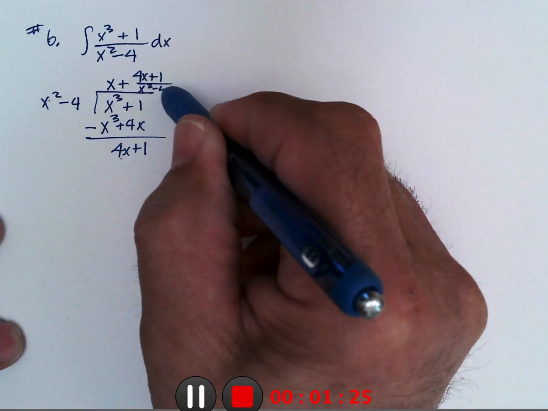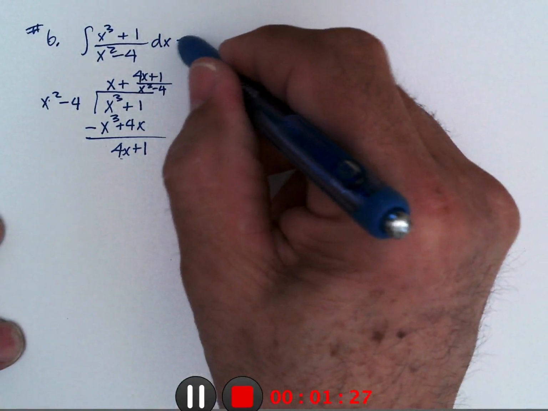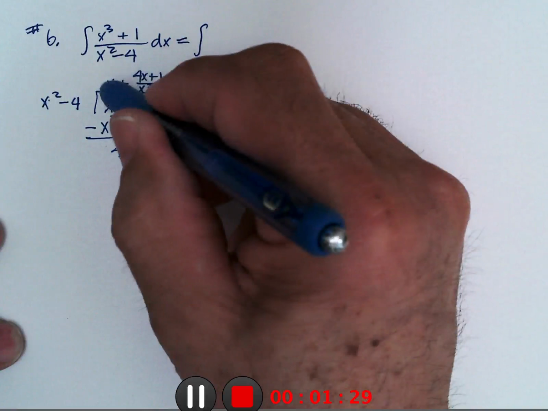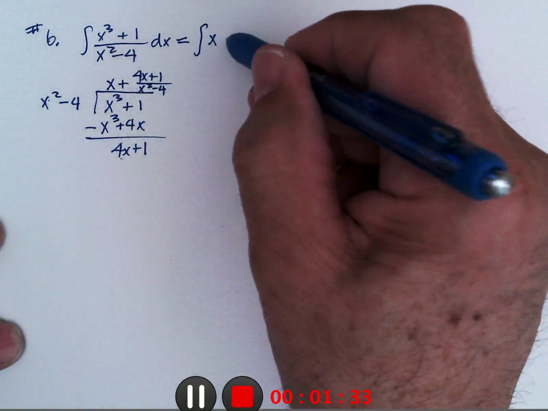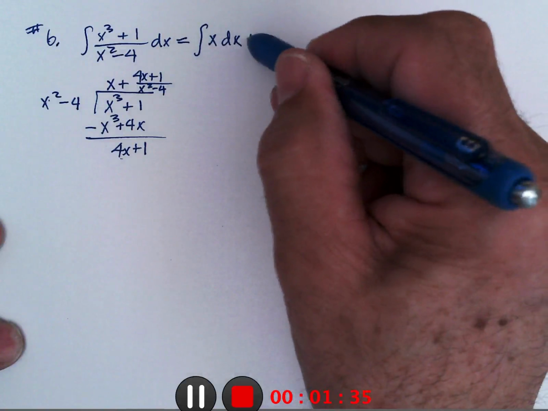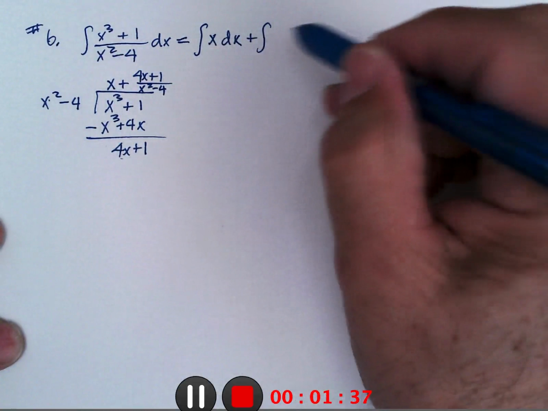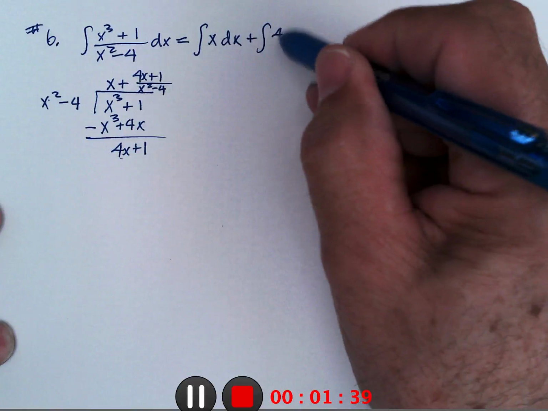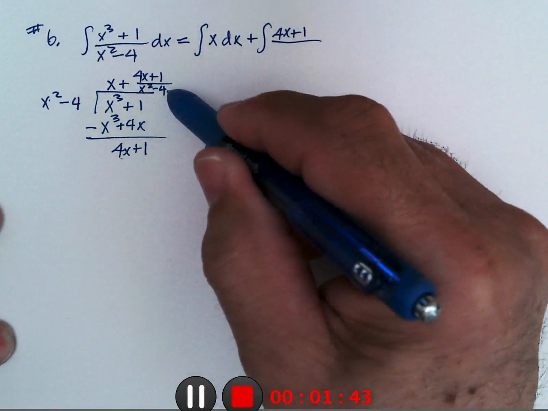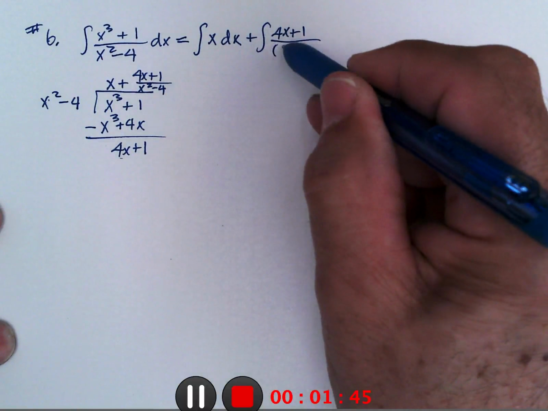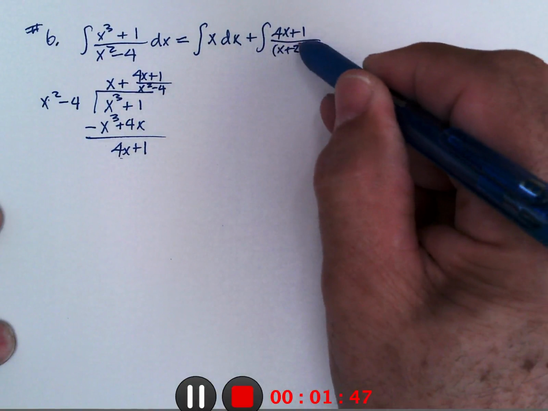This problem would become the integral of x dx plus the antiderivative of 4x plus 1 over x squared minus 4, which factors to x plus 2 and x minus 2.